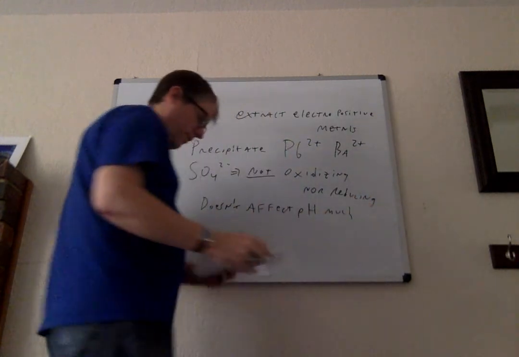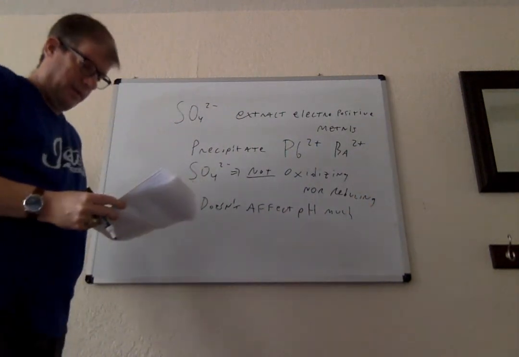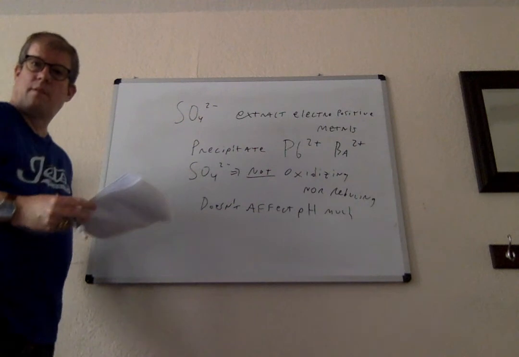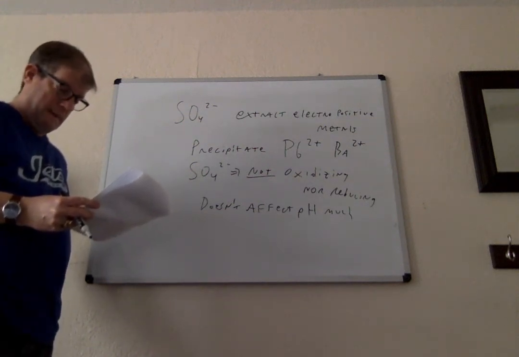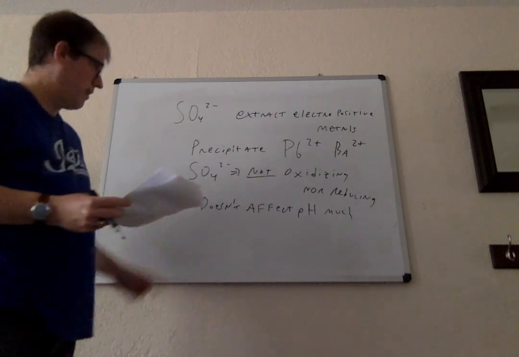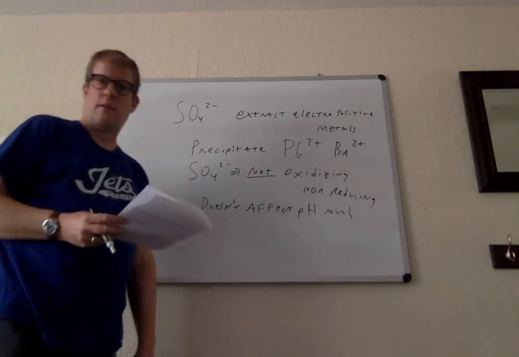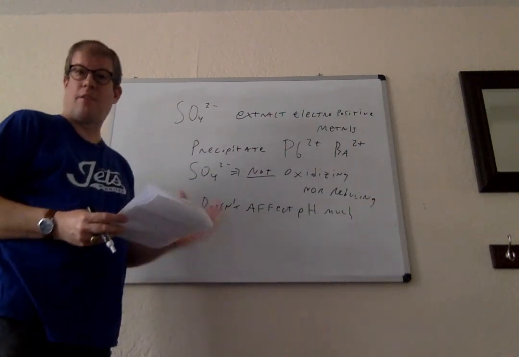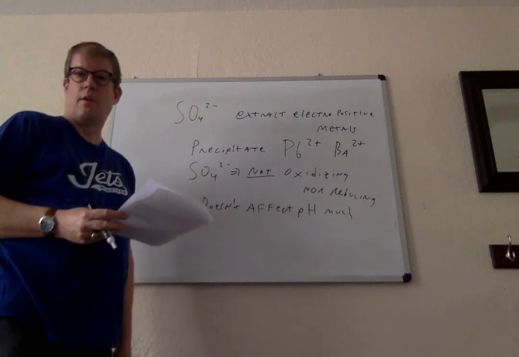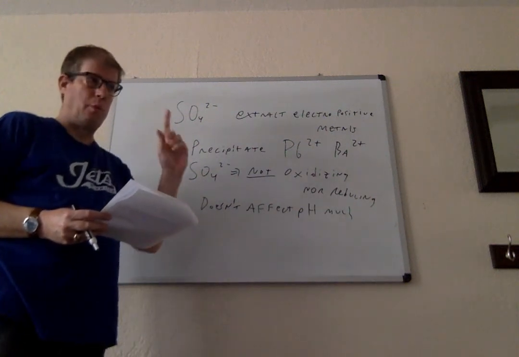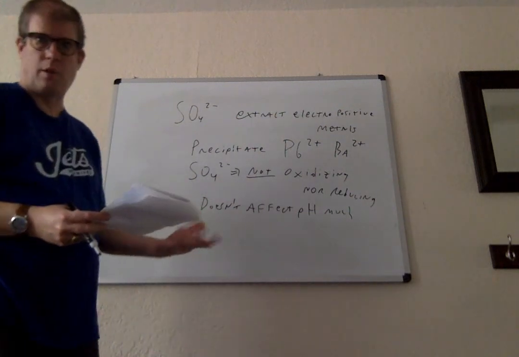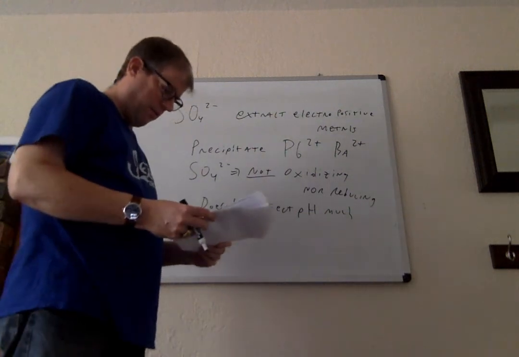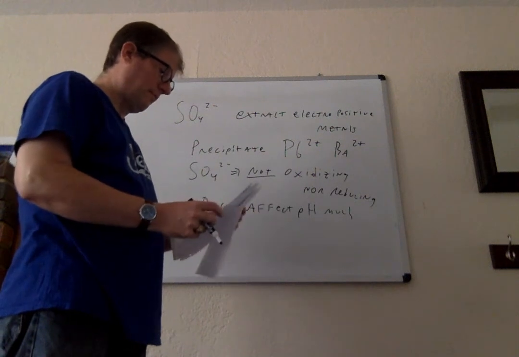And the other thing is when you dissolve it into liquid, water or something like that, it doesn't affect the pH very much. The reason for that is that sulfate is the conjugate base of bisulfate, and that's actually a relatively strong acid. Sulfuric acid is the one where both dissociation steps are fairly far to the right. The first one is all the way to the right, the second one is also.